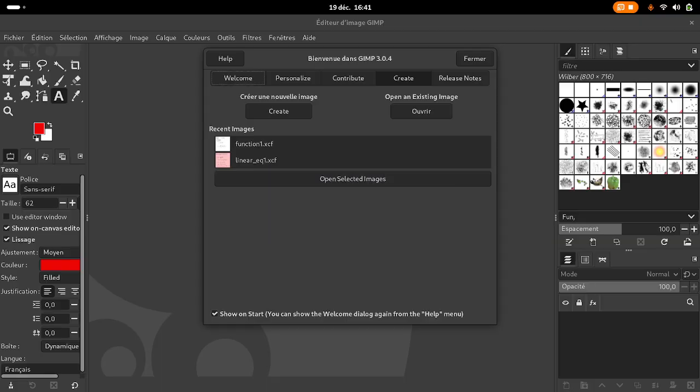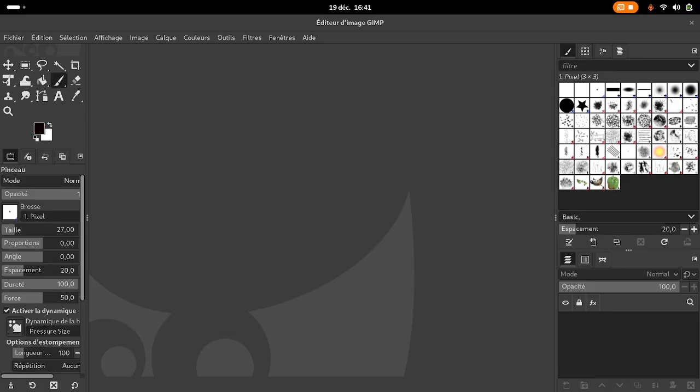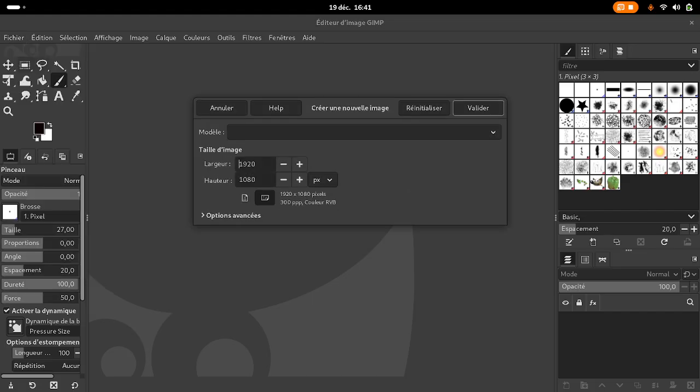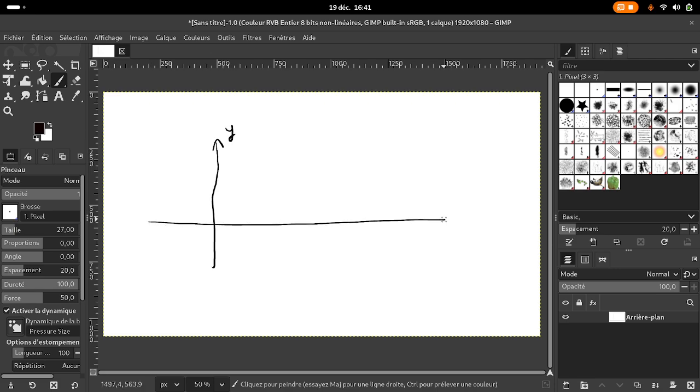So, okay, I will draw a function. Hope this will work with my pen. Okay, so I have the y-axis. Now I have the x-axis.